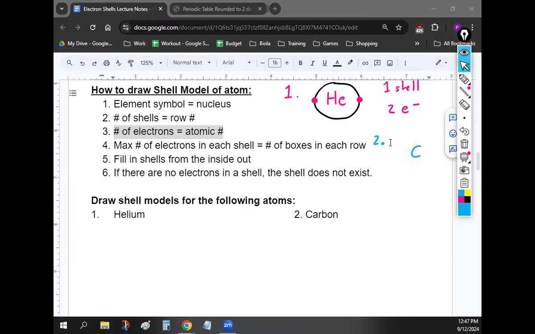If you want to do the electrons, you guys can do the electrons as well. You'll be skipping a step, but we'll get to that. Yeah, I'll show you guys how to split them up.